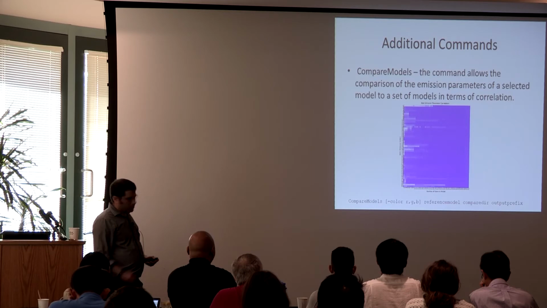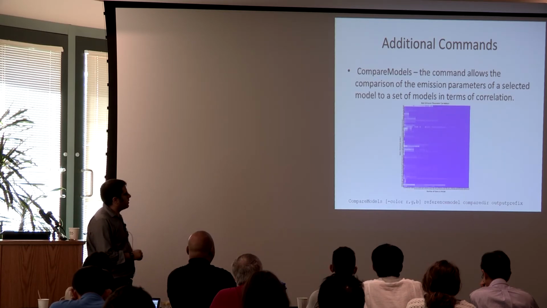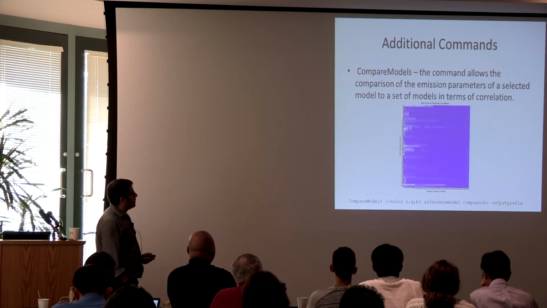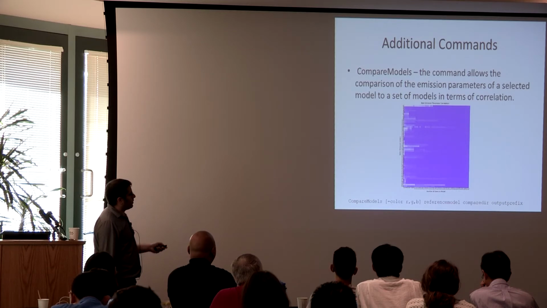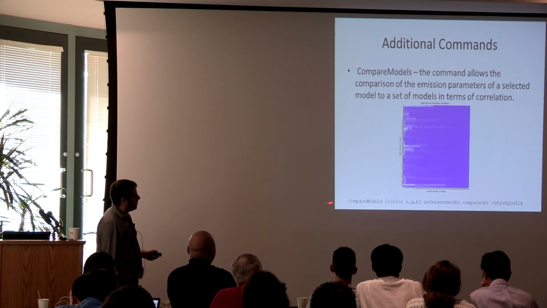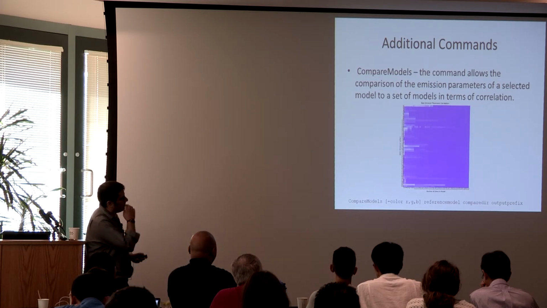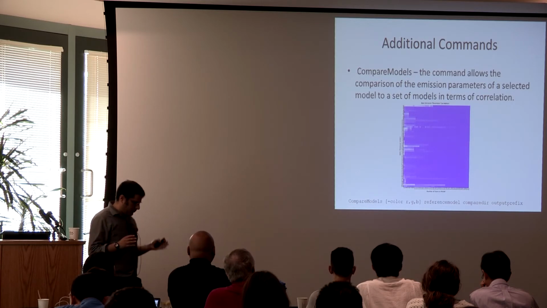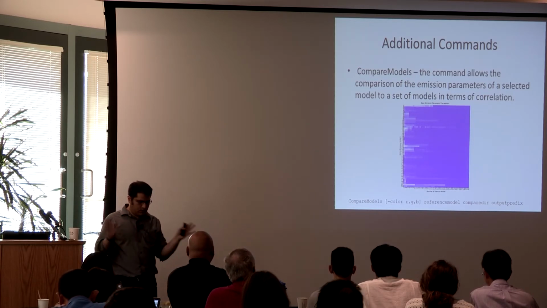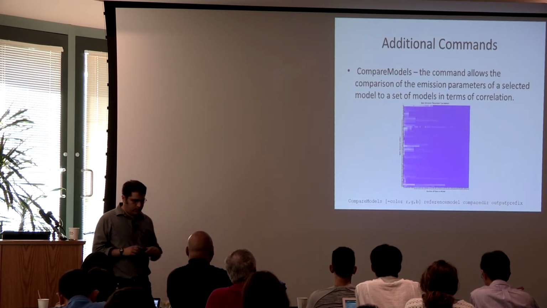And now I'm going to give you an overview of some of the additional commands. There's a few I won't talk about, but you can read about all of them in the manual, and I'm not going to talk about all the options. But one is the compare models command. You could be in a situation where you have a number of different models with different numbers of states.